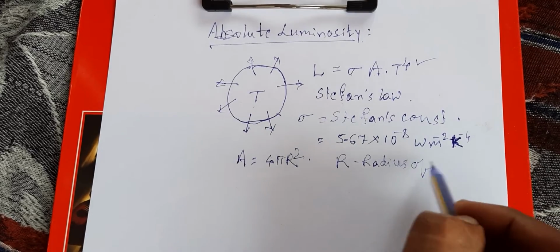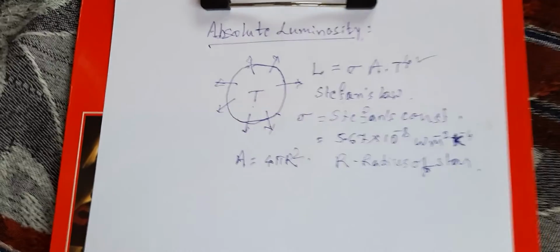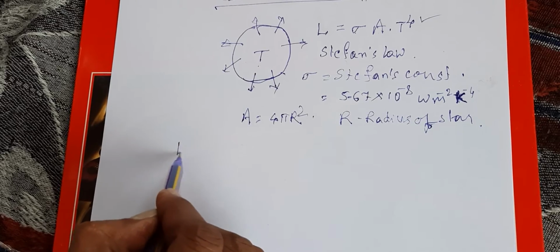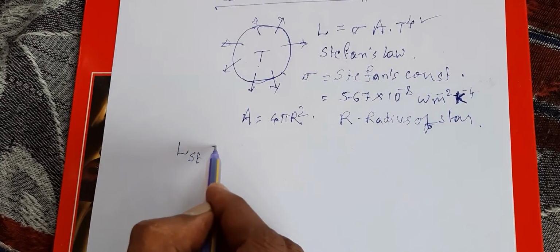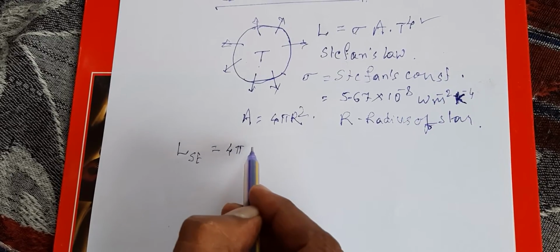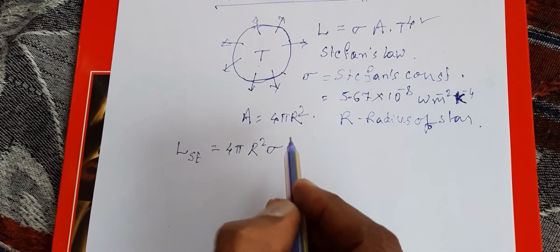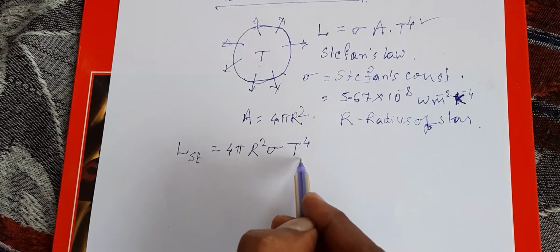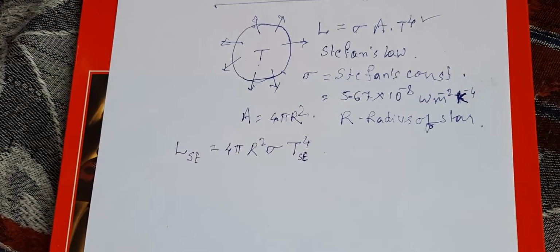Now, if you know the radius of the star, the luminosity of the star, we can call it L star, is 4 pi r square into sigma into T to the power 4, the temperature of that star.